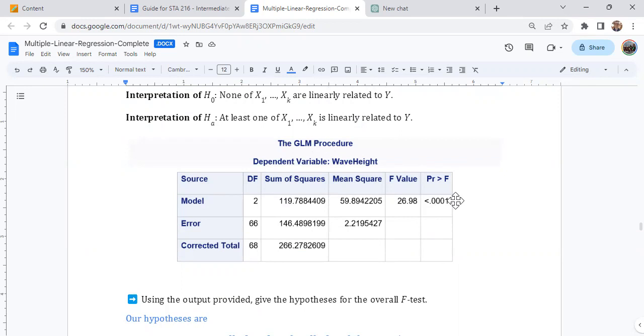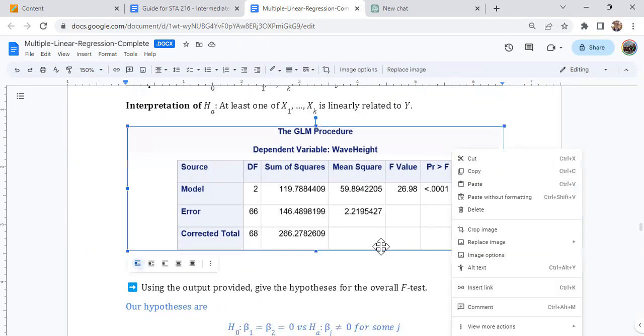So again, the tradition, just like with ANOVA and the t-tests, chi-square test, everything in statistics, everyone uses 0.05 pretty much all the time to compare for the p-value.